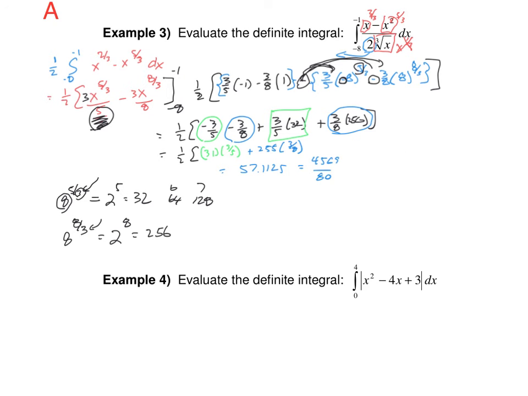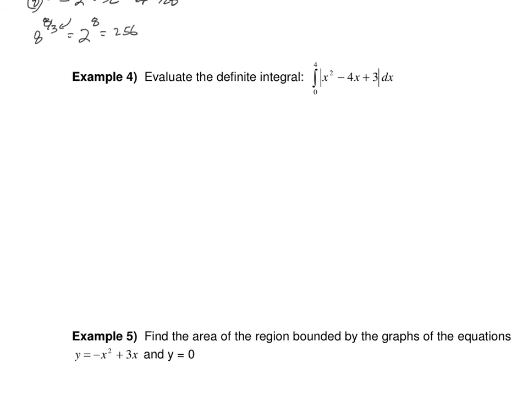All right, now example 4. So we have absolute value, and as we discussed before, that means you need to break it up into a piecewise. So if you can imagine the graph here, if you factored it, you'd have x minus 3, x minus 1, and it's a quadratic opening up, so they know at 1 and 3 we're going to cross the x-axis, so we're going to have x-intercepts.